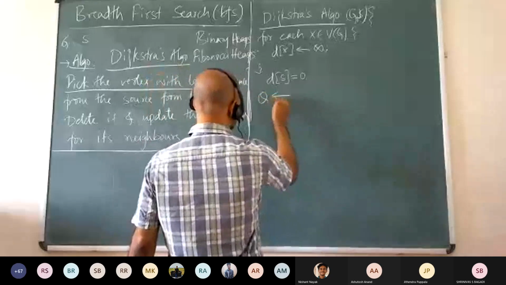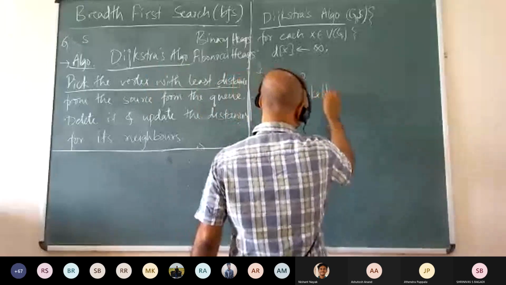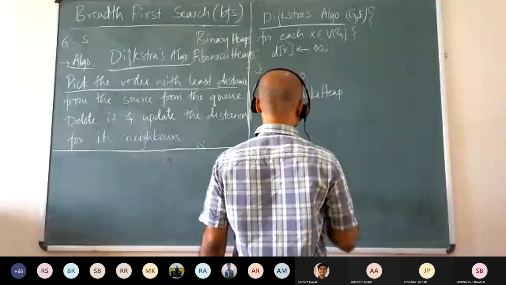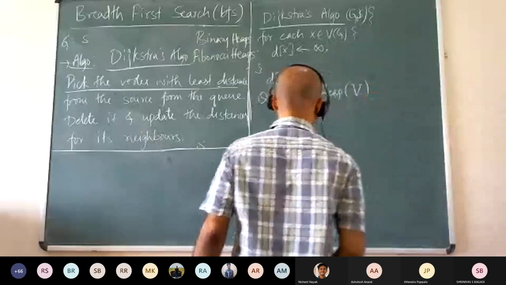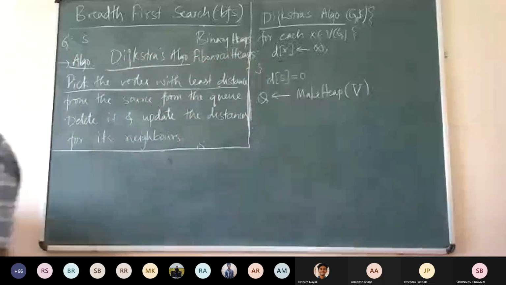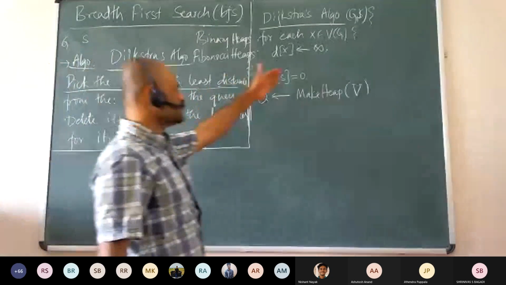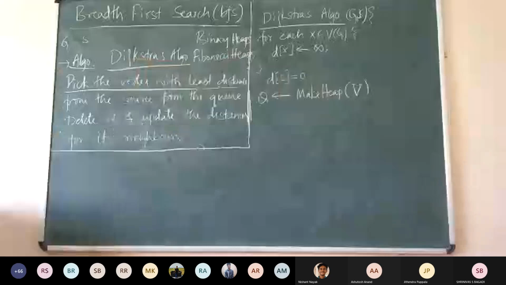So Q is basically make heap with all the vertices. Notice that the source will definitely be at the root because its distance is already set, so it is the least one, and everything else is anyway infinity.